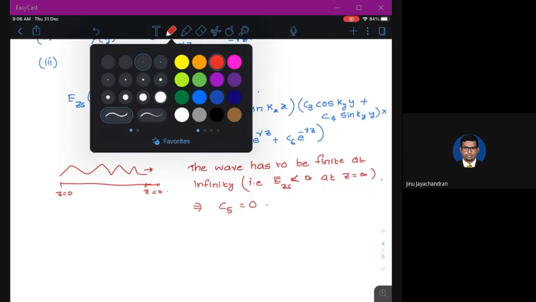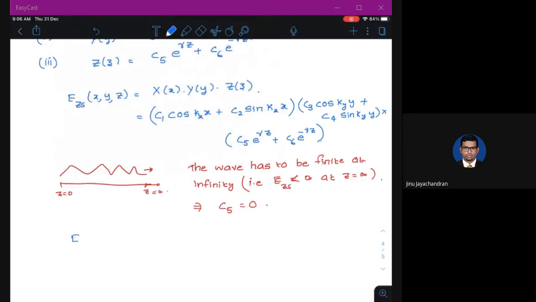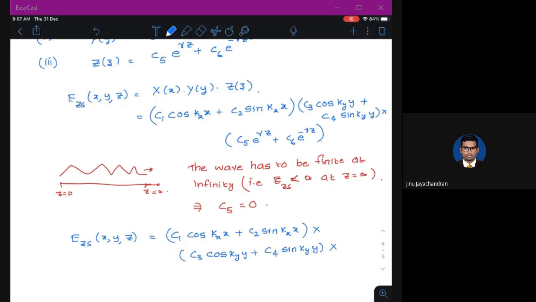So I can write my equation as Ezs of x comma y comma z is equal to C1 cos kx x plus C2 sin kx x multiplied by C3 cos ky y plus C4 sin ky y multiplied by the constant C6 e raised to minus gamma z.